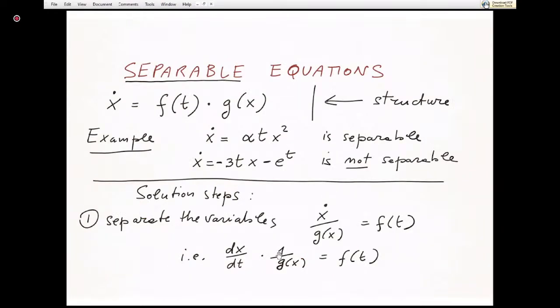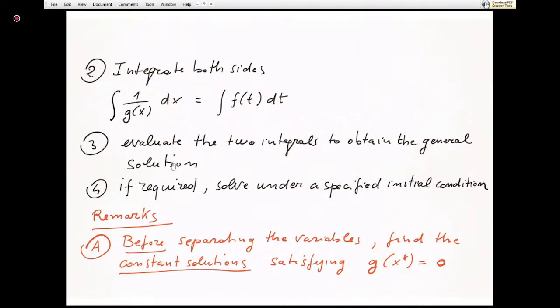Now, be careful. Here we have x dot divided by g of x equal to f of t. When we integrate, the left-hand side is the integral of 1 over g of x dx, which is equal to the integral of f of t dt.